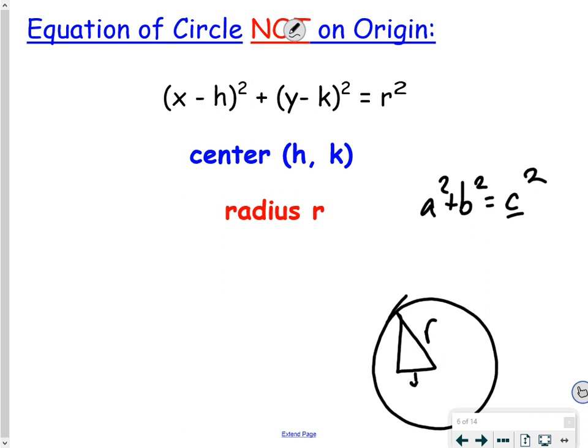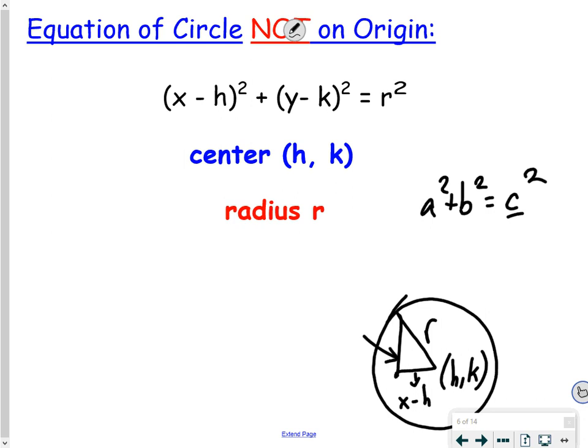The horizontal distance would just be the difference between the center, which we're going to call (h, k), and the x value. Right there, x minus h would be the length of that horizontal segment of the triangle.